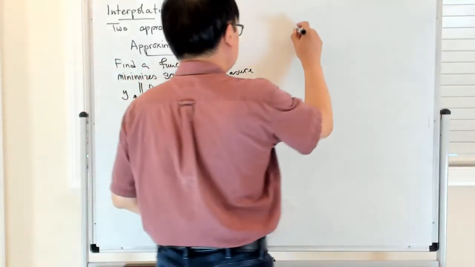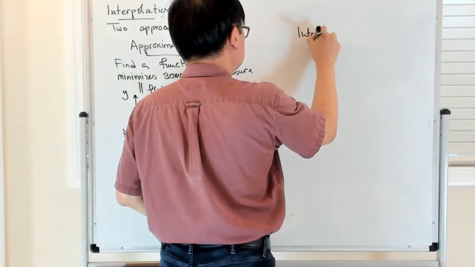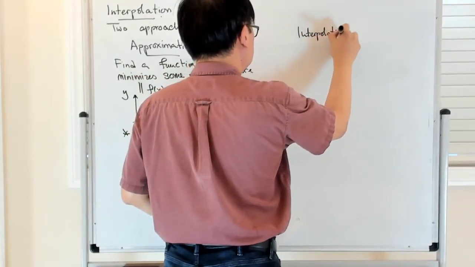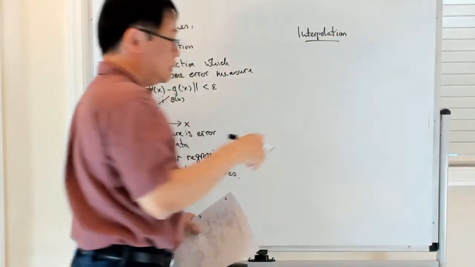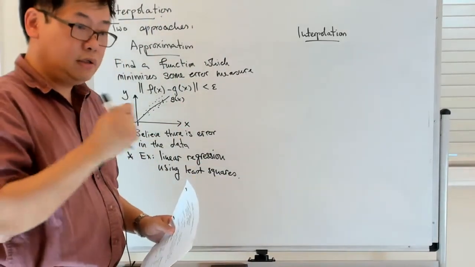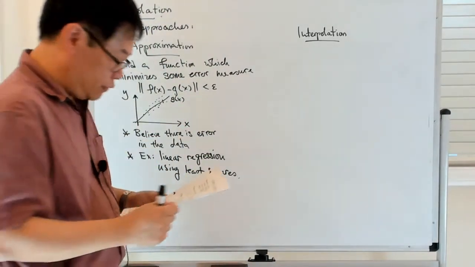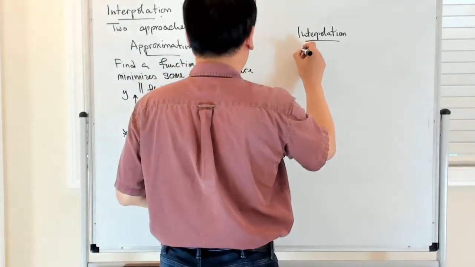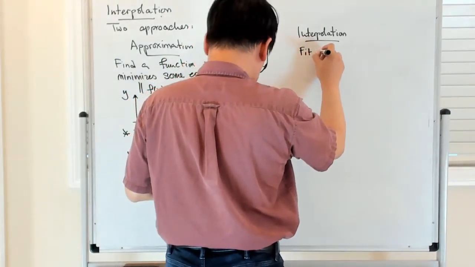Another approach is what I call interpolation. The idea behind interpolation is that if you have the data, you want the function to go through every single one of those data points. So you want to fit the data.